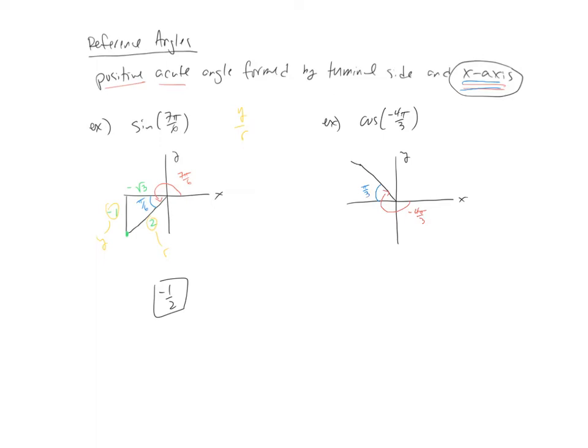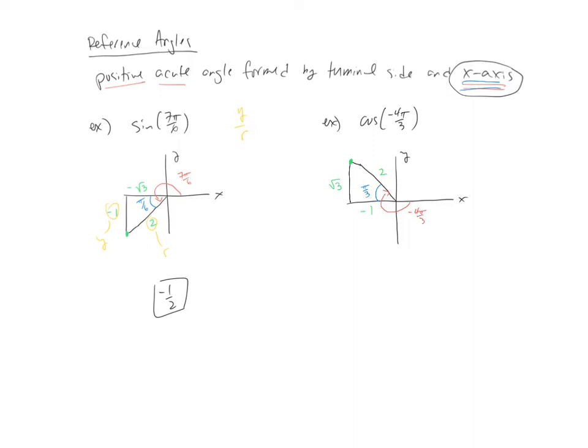If I go ahead now and drop my perpendicular, I'll go ahead and label. We're going to have a square root of 3, a 2, and a 1. But once again, remembering that we're not necessarily in quadrant 1 anymore, we would need a negative 1 to get over into quadrant 2 and a positive root 3.